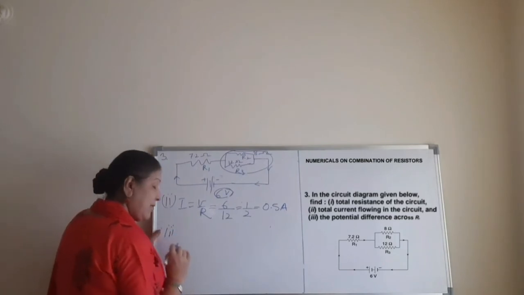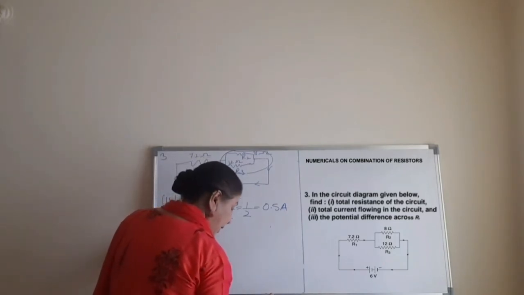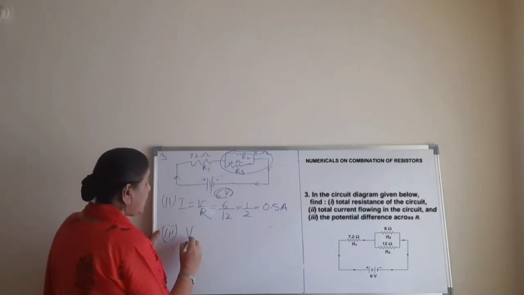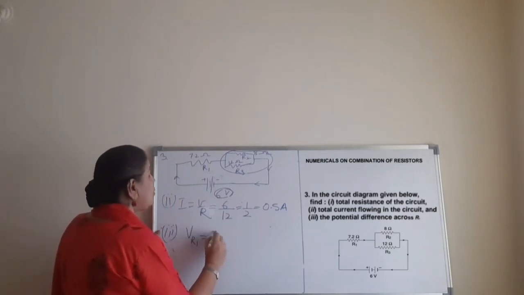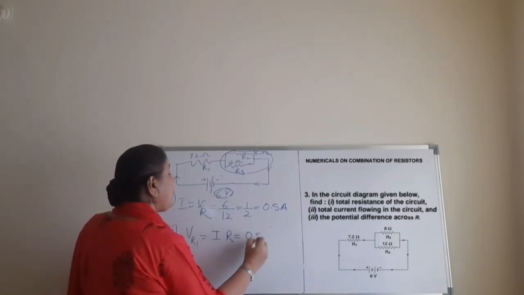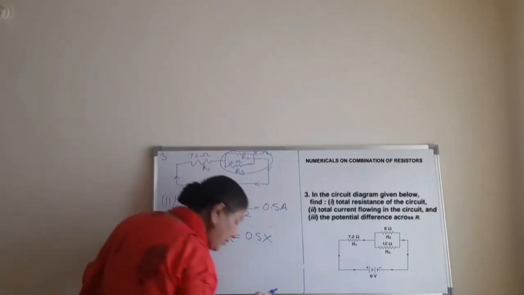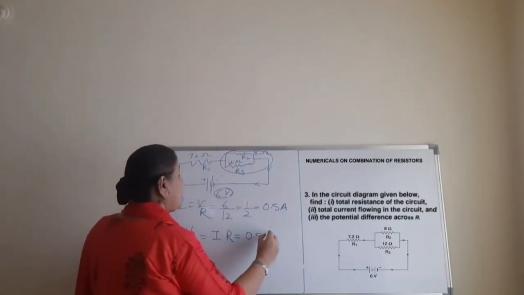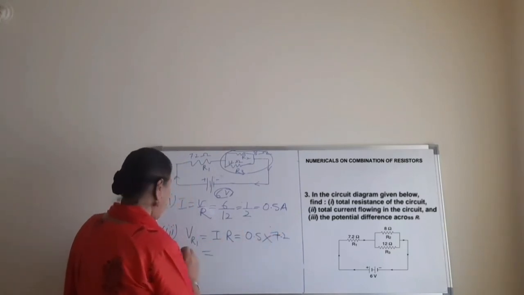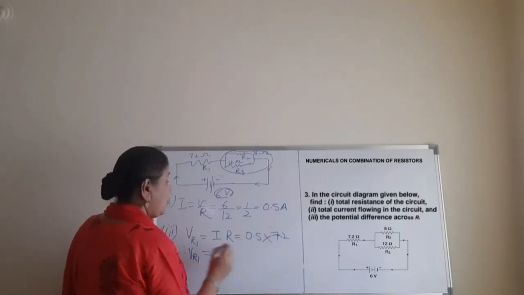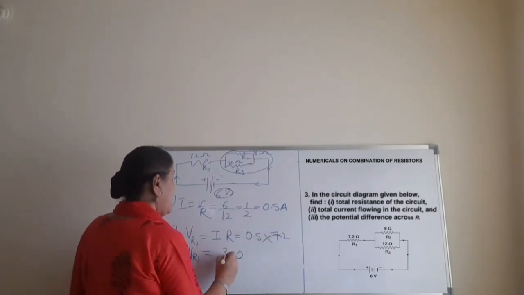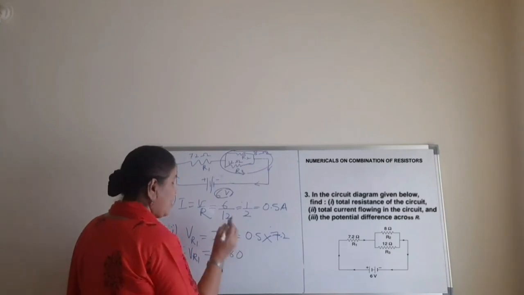Now the third part, the potential difference across R1. So potential difference across R1, V is equal to IR. I we found 0.5. R is R1, which is 7.2. Therefore VR1 will be equal to 3.6.